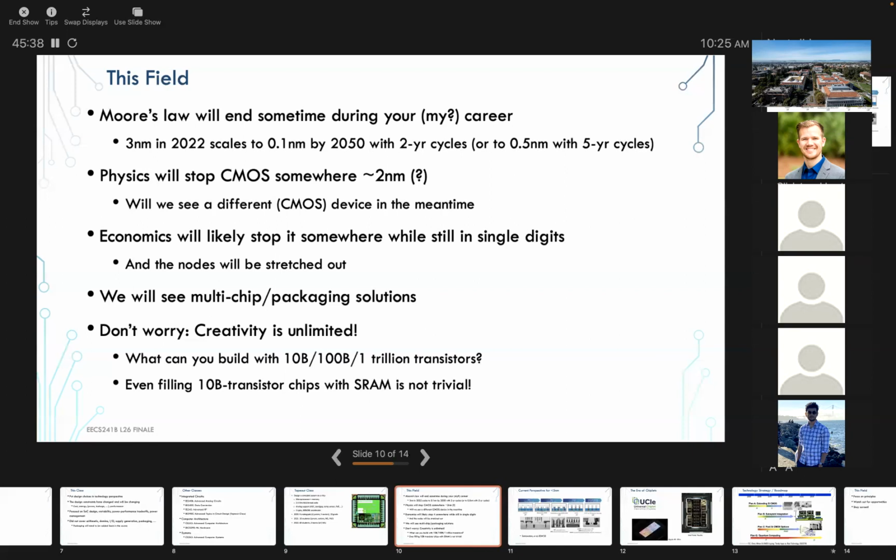He retired around 2003 or something like that, or 2004. And what he said is that, well, Moore's law lasted throughout his career and may last through your career. And I don't know if Moore's law is around. It's slowing down definitely, but I'm like 10 years to retire.